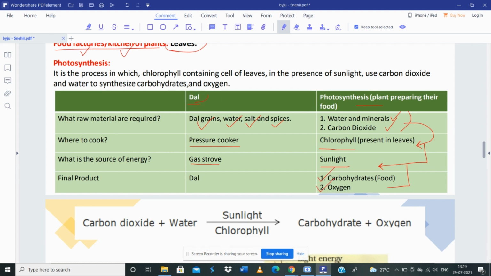In this case, our final product is dal, but in the case of photosynthesis, our final products are carbohydrates and oxygen. So through this analogy, we can understand how plants prepare their food.